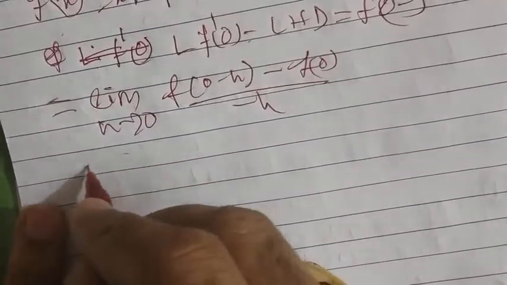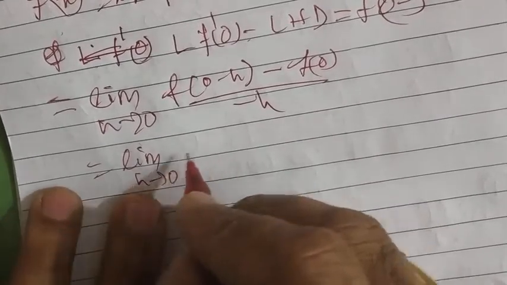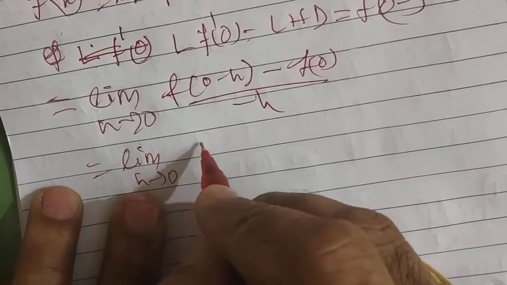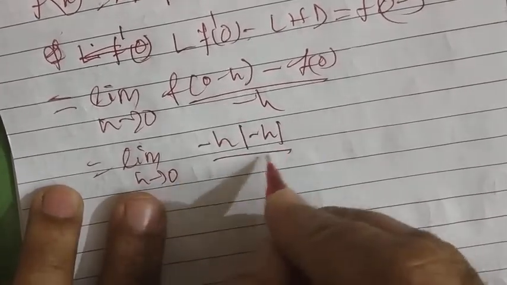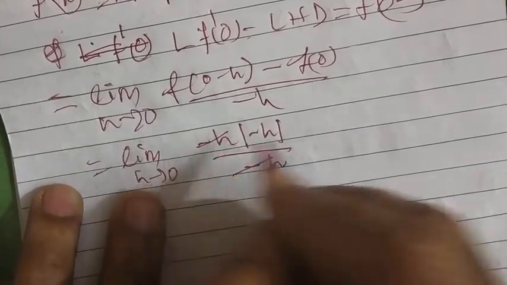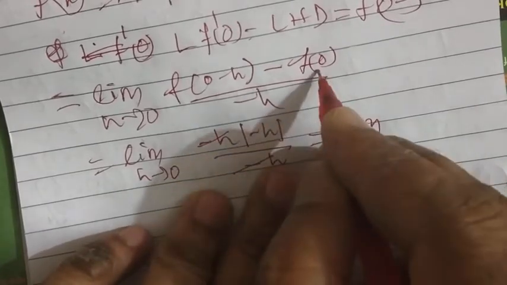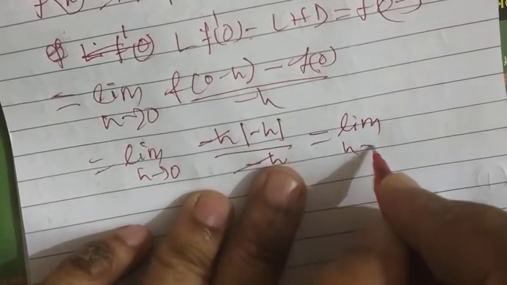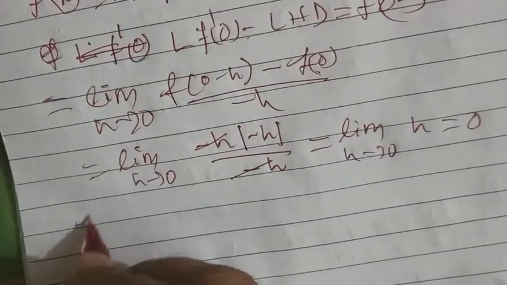You see what it is. It is limit h tends to 0, f of minus h, which is minus h mod of minus h, by minus h. Am I right? Minus h cancelled. Mod of minus h is h. And f of 0 is 0. Limit h tends to 0 of h, it is 0.